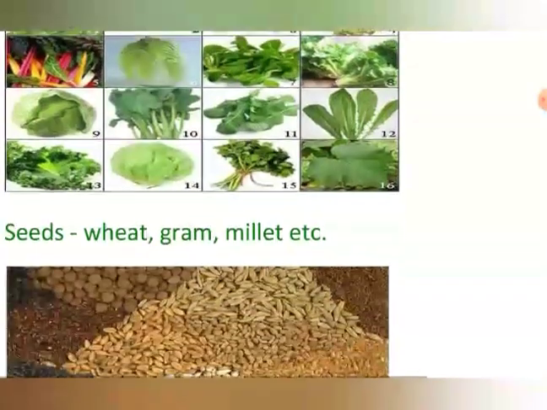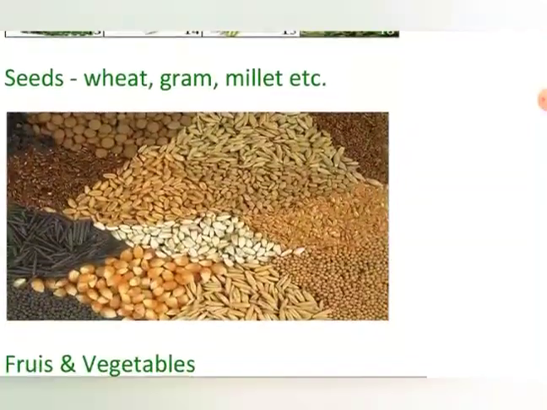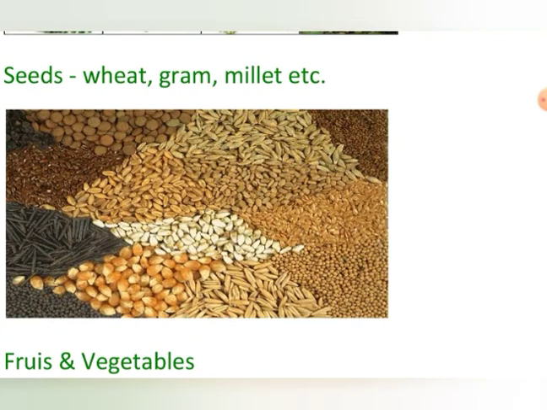The next part of the plant is the seeds. There are many plants, the seeds of which can be eaten. For example, wheat, gram, millet, barley. We can eat all these. You usually take chapatis in your meal.